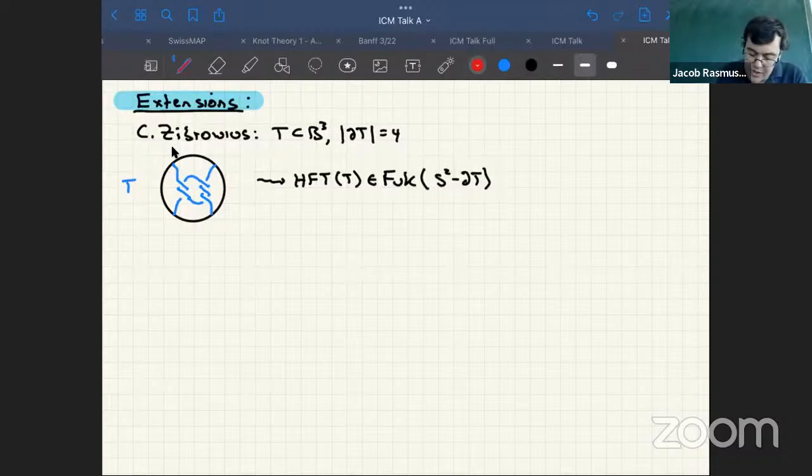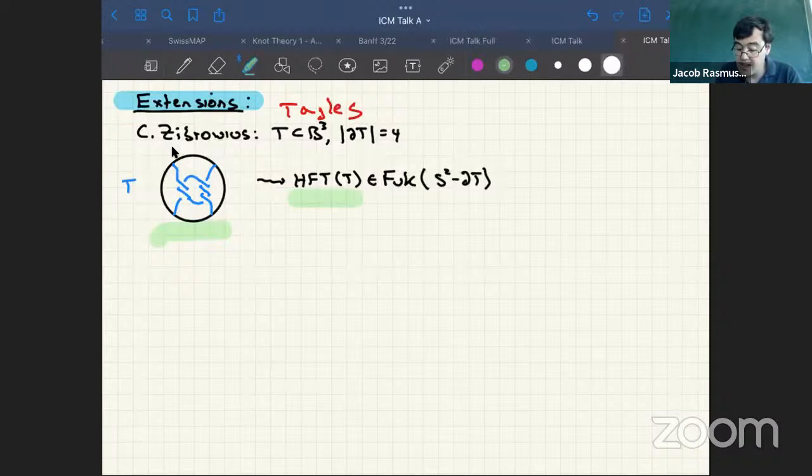One example, which is in the case of tangles, is due to Claudius Zibrowius. If I give you a tangle inside of the 3-ball with 4 ends, maybe it looks something like this, then Zibrowius explained how to define some sort of tangle Floer homology associated to that, which is an object of the Fukaya category of the bounding S2 punctured at the boundary points of the tangle.